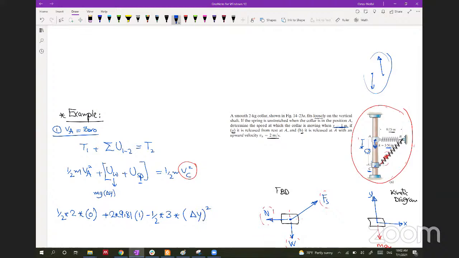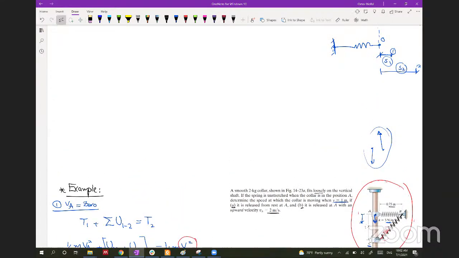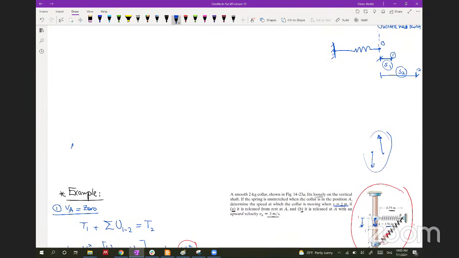Here, just so as not to confuse you because we have another Y, I will use delta S, because when I say delta Y you might think about the other Y, but we need the delta in the spring. So let's get the delta S in the spring, or delta, whatever works for you.